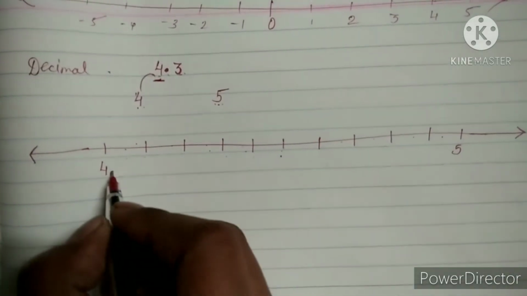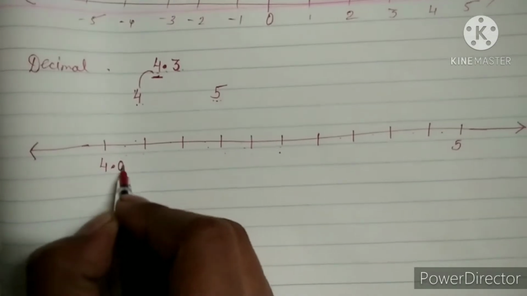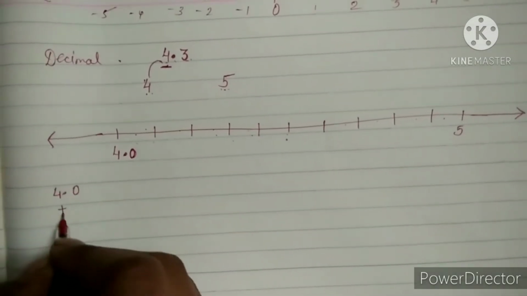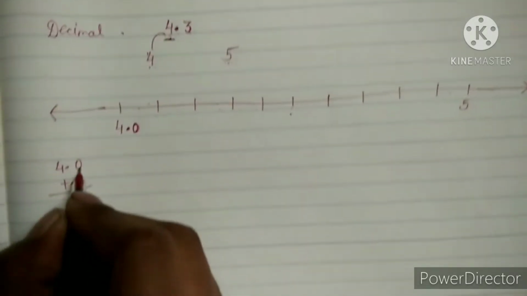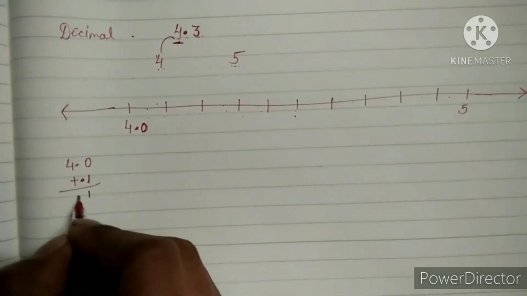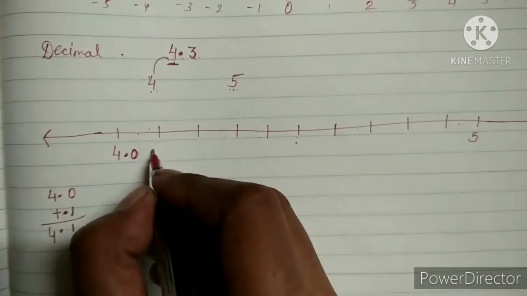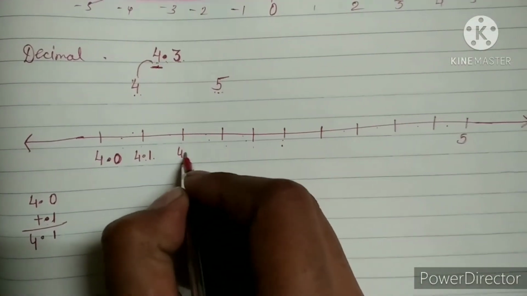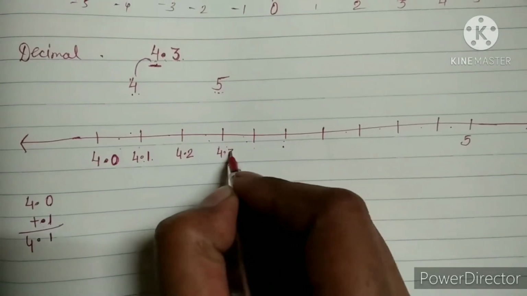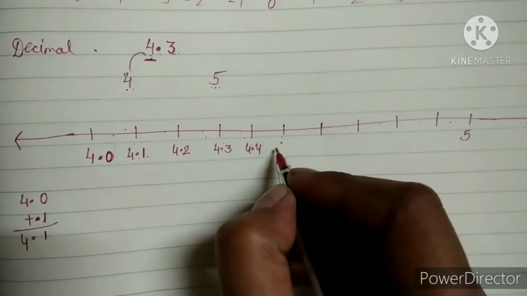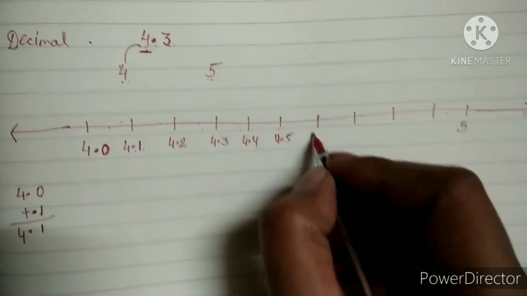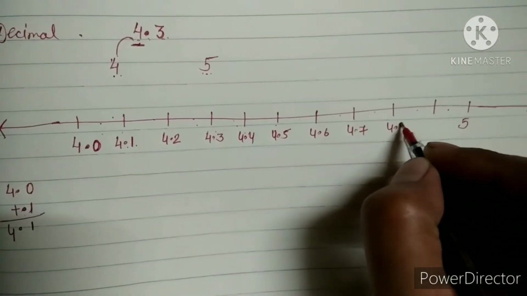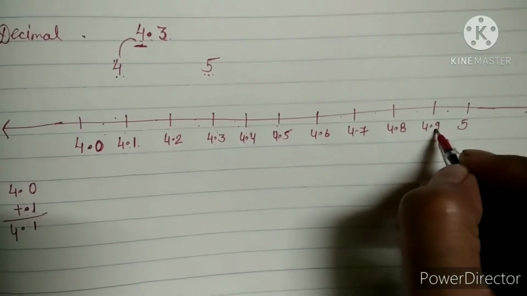Here we have 4.0. 4.0 plus 0.1, it means 0 plus 1 is 1, and the point stays as it is, so 4.1, 4.2, 4.3, 4.4, 4.5, 4.6, 4.7, 4.8, 4.9.